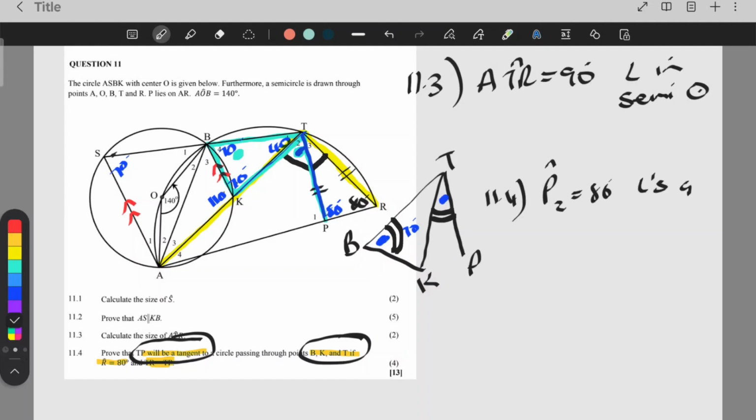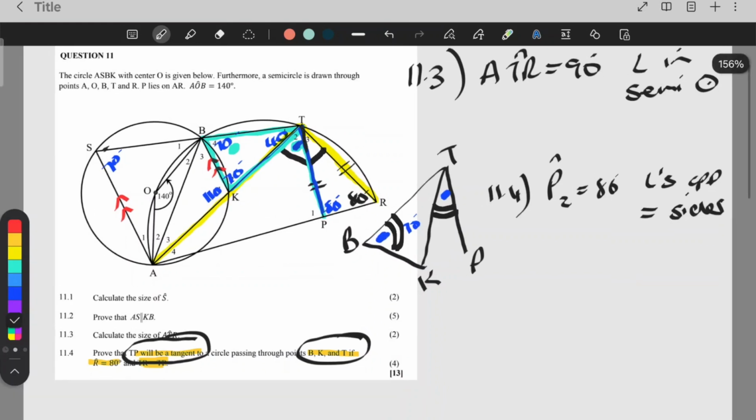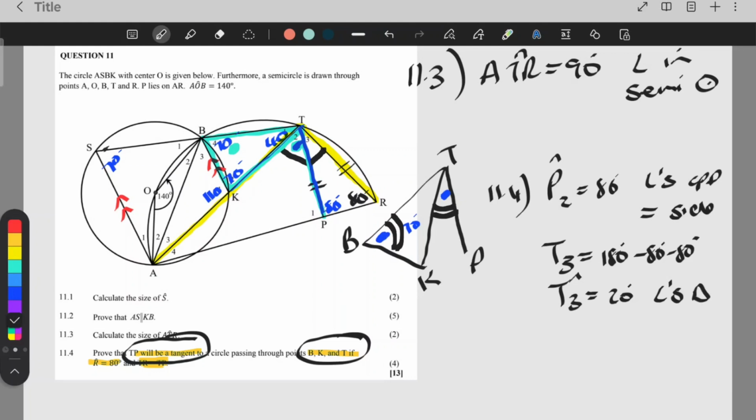Angles opposite equal sides. Then we can work out angle T3 because this is a triangle. So angle T3 is 180 minus 80 minus 80. So angle T3 is 20. Angles in a triangle. So this is 20 over there.